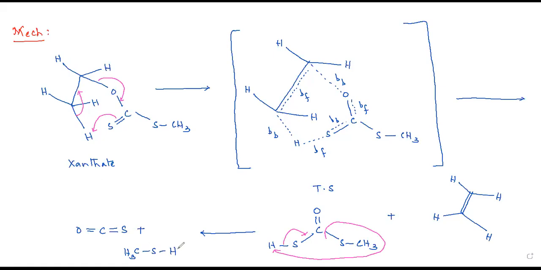Right? So this is how we can give the mechanism of pyrolysis of xanthates. The formation of xanthates, of course, is given for our knowledge. Straight away, the xanthates on pyrolysis, that means on heating, form ethylene.